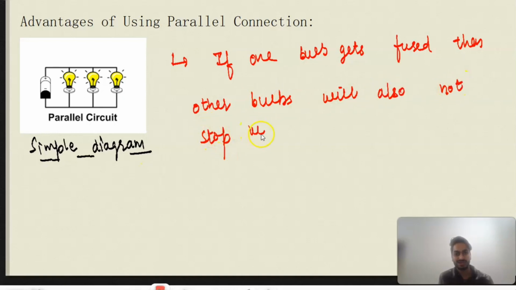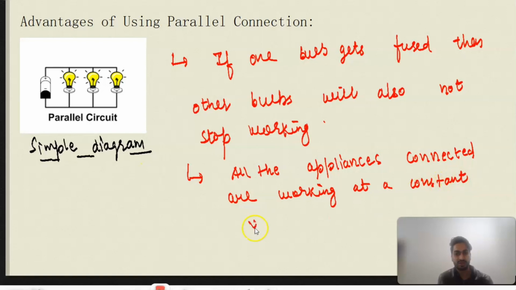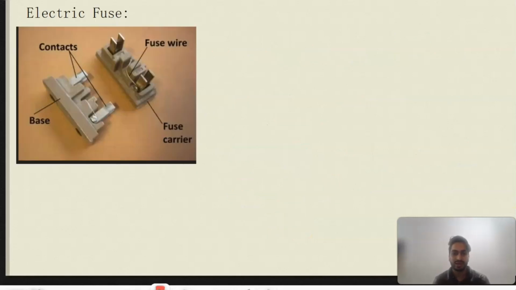This is one of the most important advantages. The other advantage is that all the appliances connected in parallel work at a constant voltage, because in a parallel combination the voltage is the same. So this is about the advantages of the parallel connection.